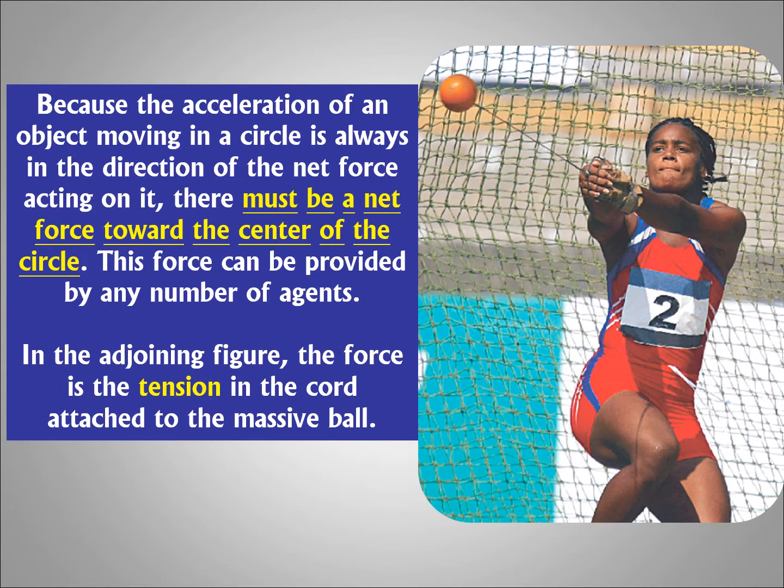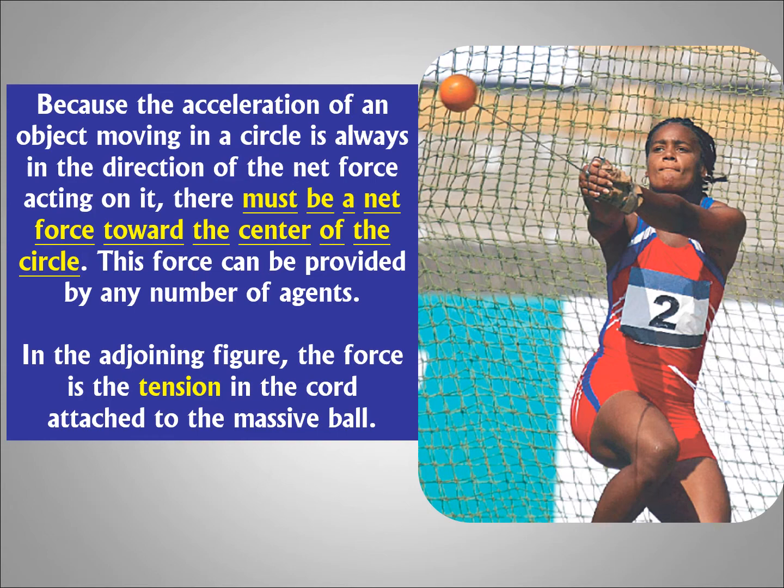By the way, when she releases the string, the ball will continue to travel in the direction it was traveling at that moment, which is tangential to the circle. It'll follow the tangent. Or the force can be provided by a field force, like gravity or electromagnetism, or the strong force or the weak force.